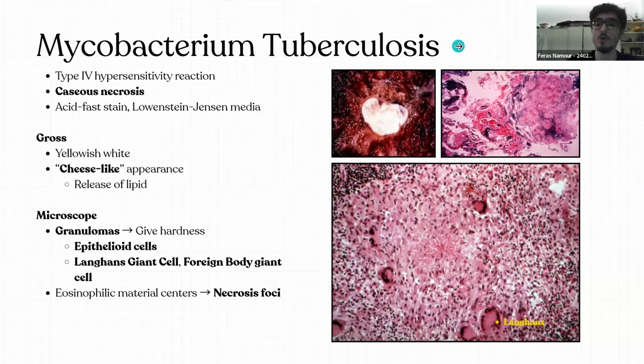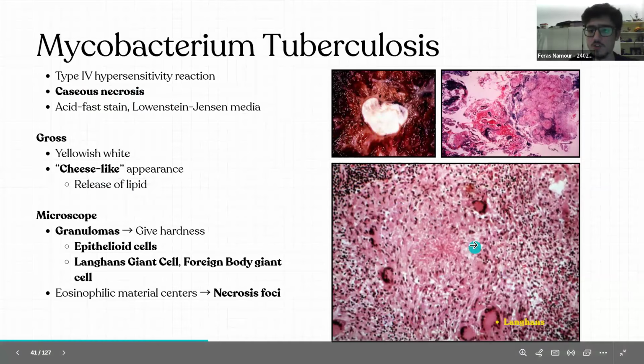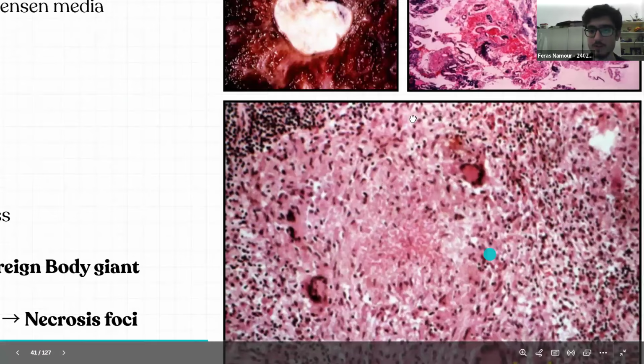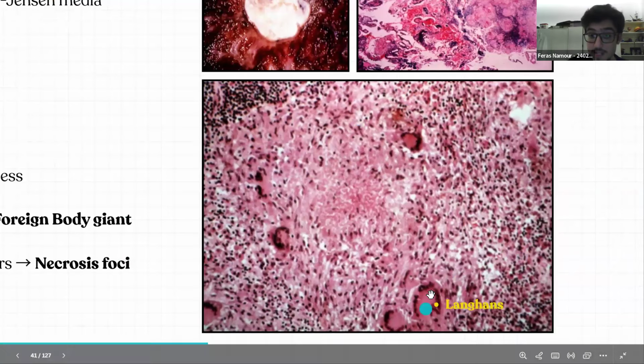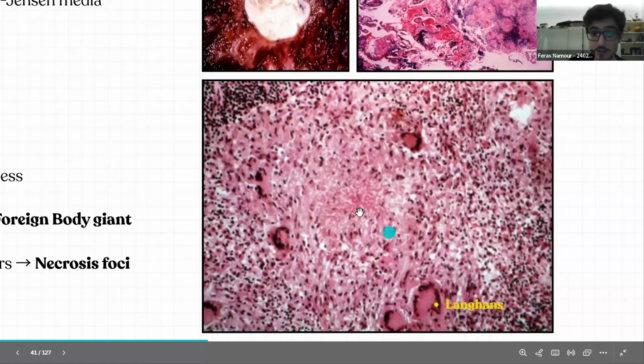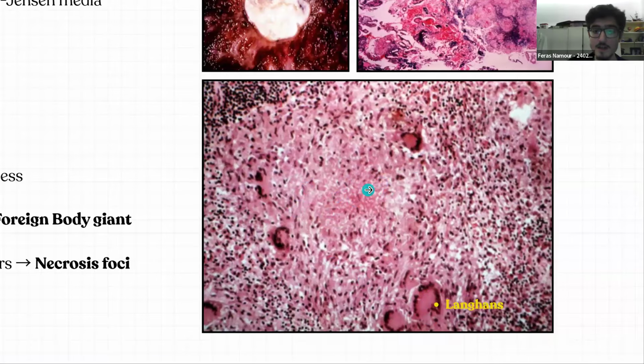What you should know is, if we have caseous necrosis, grossly it's going to have a cheese-like appearance. And if I look at it under a microscope, I'm going to have granulomas, chronic inflammation, lymphocytes, and so on. I'm going to have giant cells, Langhans giant cells, necrotic foci, and also all the epithelioid cells around it.